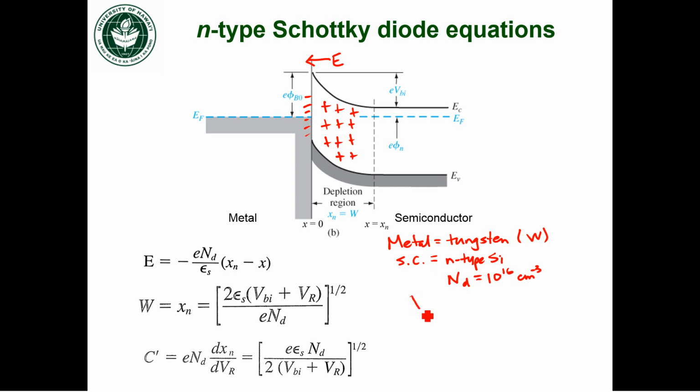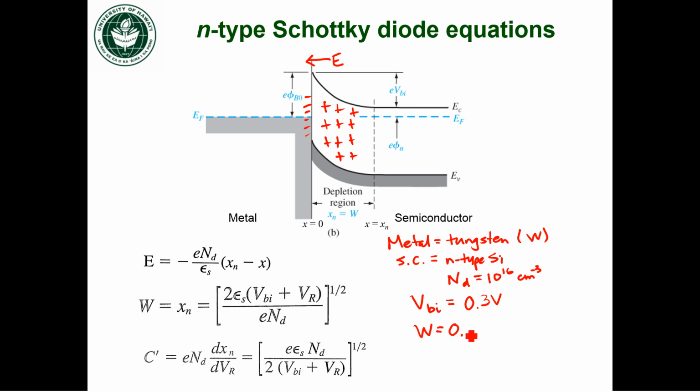If I were to calculate the built-in potential in this junction, and this is a typical value for a Schottky diode, that potential barrier will be 0.3 volts. Use the equation on this slide to calculate what the depletion region width is.